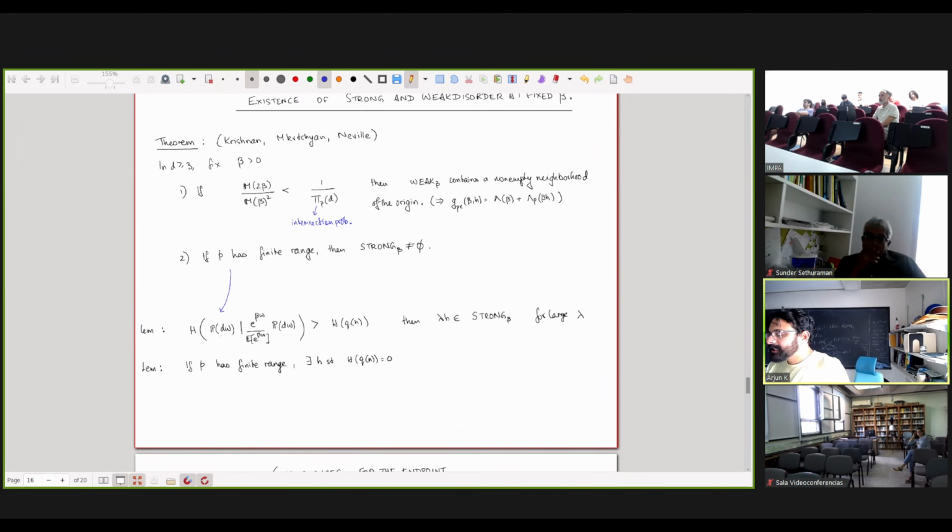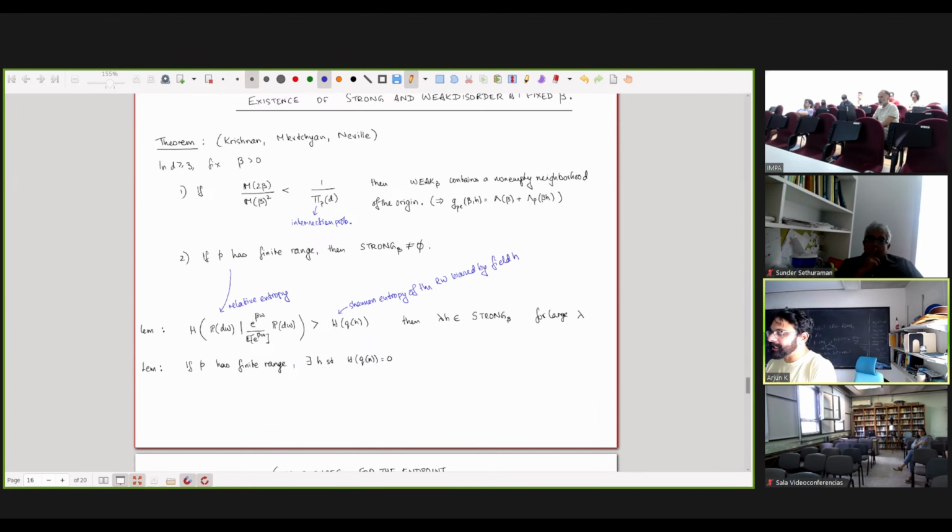It says, if the relative entropy of these two distributions on the weights, so this is the relative entropy, is bigger than the Shannon entropy of a random walk biased by field h, then strong beta is non-empty.